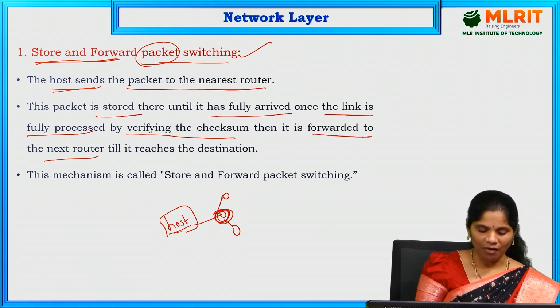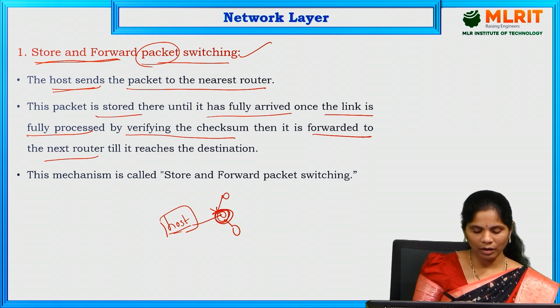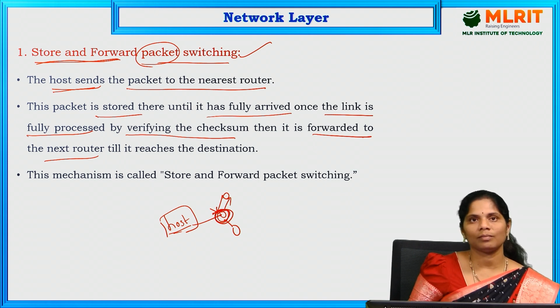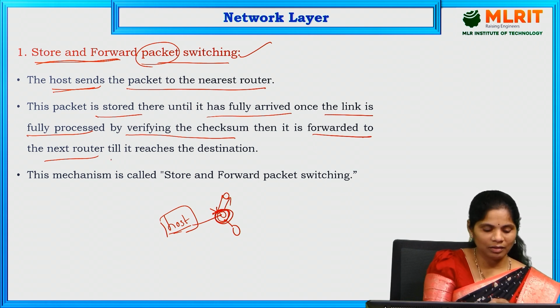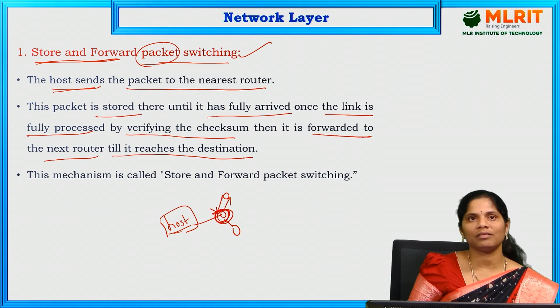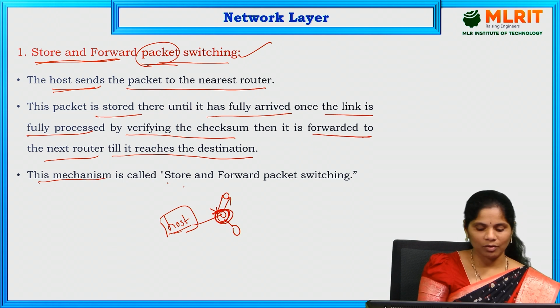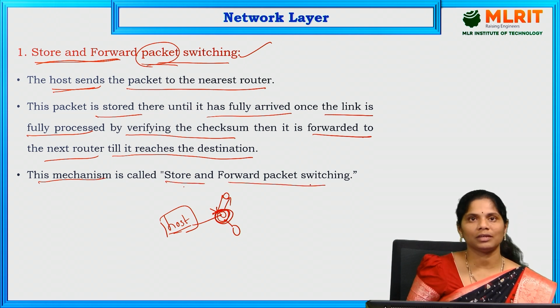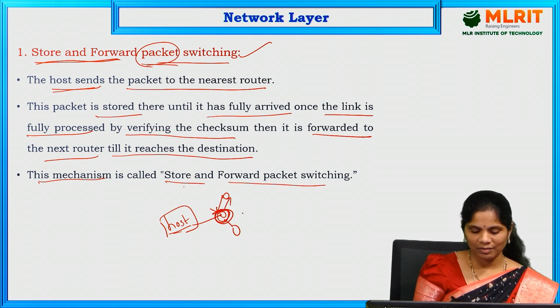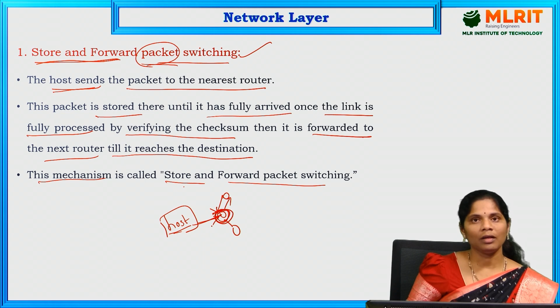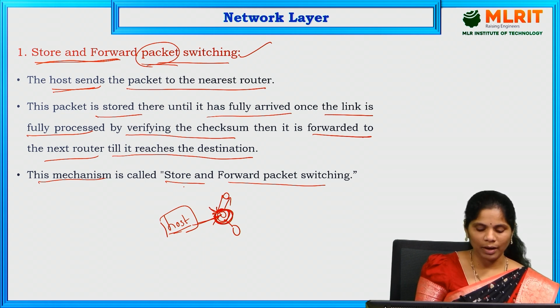This process continues until the destination. That is store and forward packet switching. This mechanism is called store and forward packet switching. Store means that first, it will wait until the total packet is received.